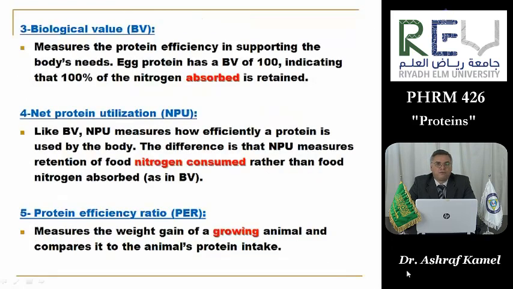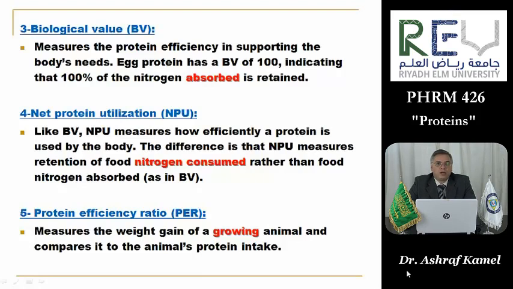The biological value measures the protein efficiency in supporting the body's needs. Like the egg protein has a biological value of 100, indicating that 100% of the nitrogen in the egg protein is absorbed and retained.